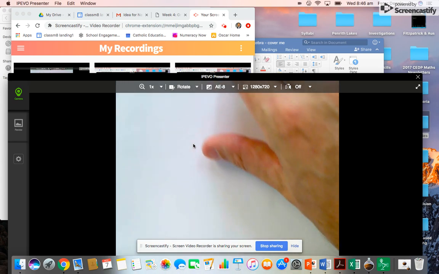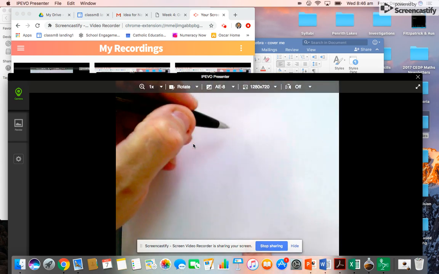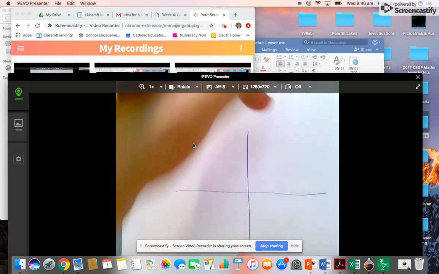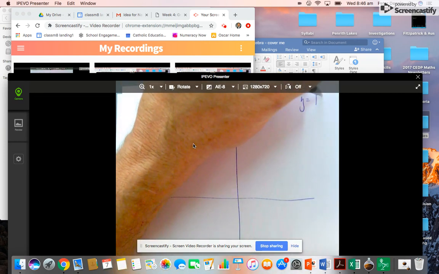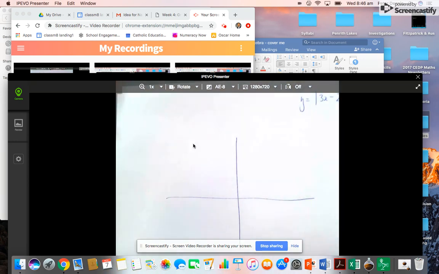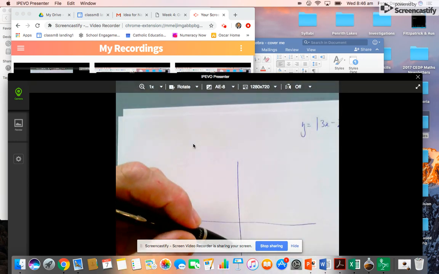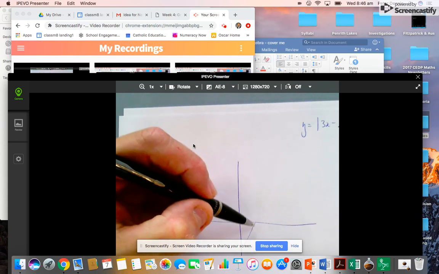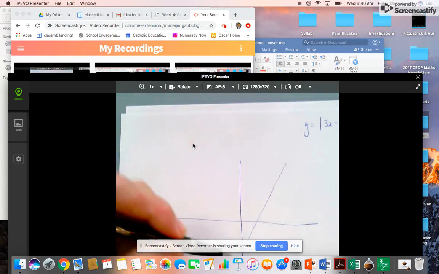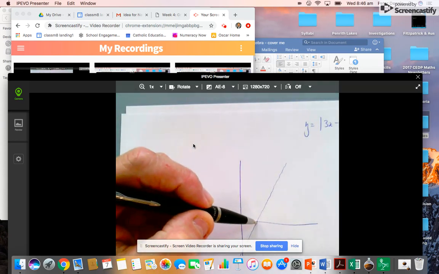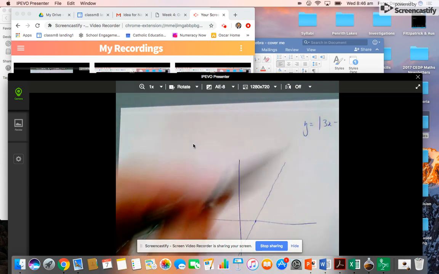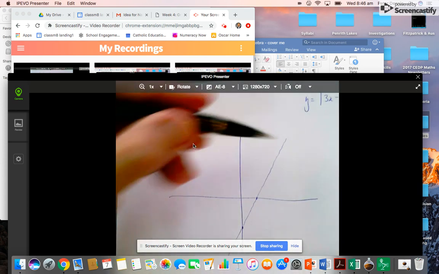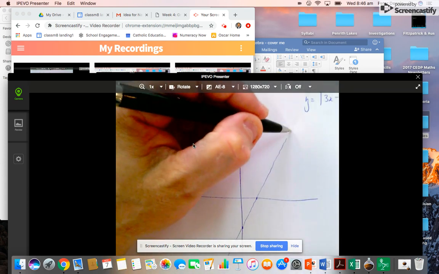If we wanted to do it graphically, we could graph these two things. First, we've got y equals the absolute value of 3x minus 2. 3x minus 2 looks like this, where this would be minus 2. And we want the absolute value of it, so nothing underneath is allowable.